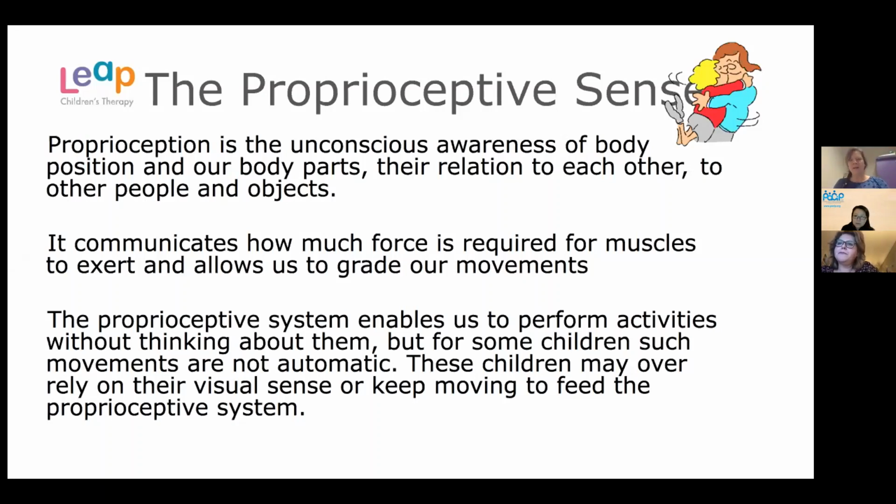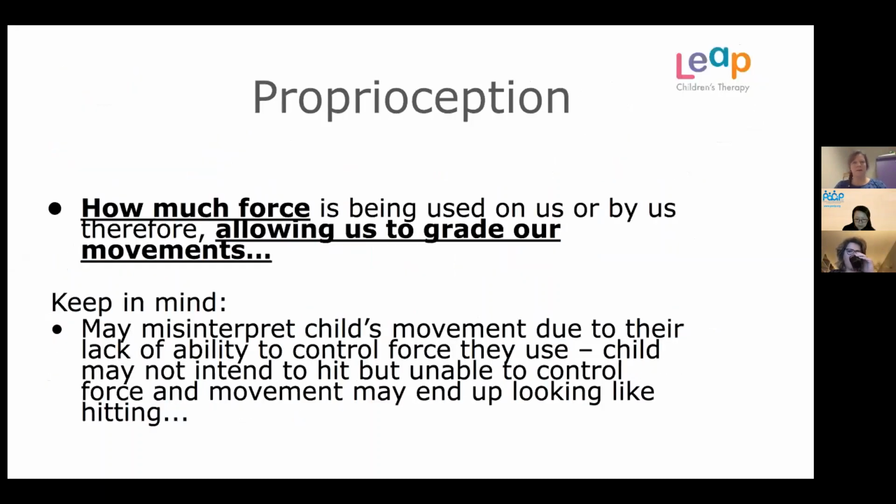Okay, so it should be totally automatic. We shouldn't have to think about it. But often the children with proprioceptive difficulties do have to think about it, and they have to rely on their other senses as well. So they're relying on their visual sense to be aware of where they are in relation to other people. What also happens is you get children who engage in lots and lots of movement activity, because it comes through your muscles and joints.